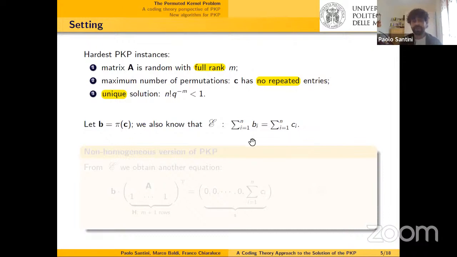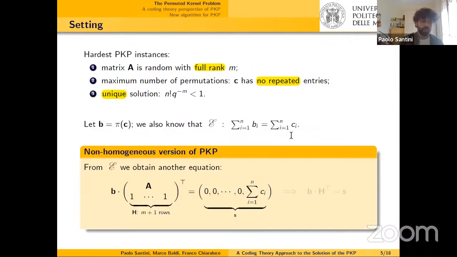Consider that basically any attack starts from the observation that given the initial PKP instance, we can obtain additional information. Consider, for instance, this equation, where on the left side we have the unknown entries of the vector B, while on the right side we have a value which can be computed because it is enough to sum the values of the entries of C. So if we include this additional equation, we obtain what I will call the non-homogeneous version of PKP.